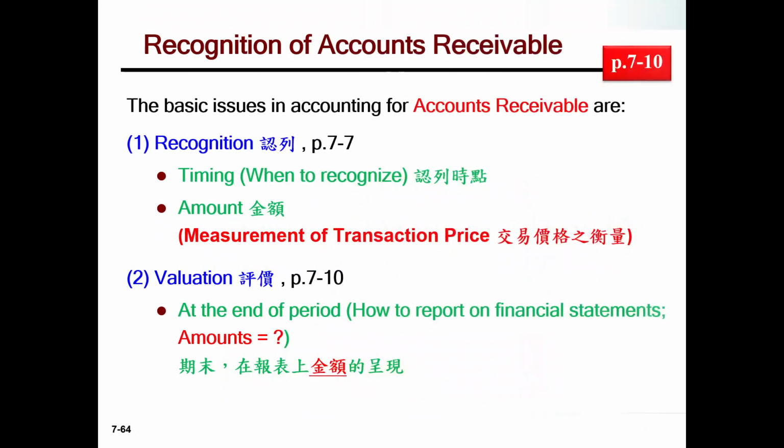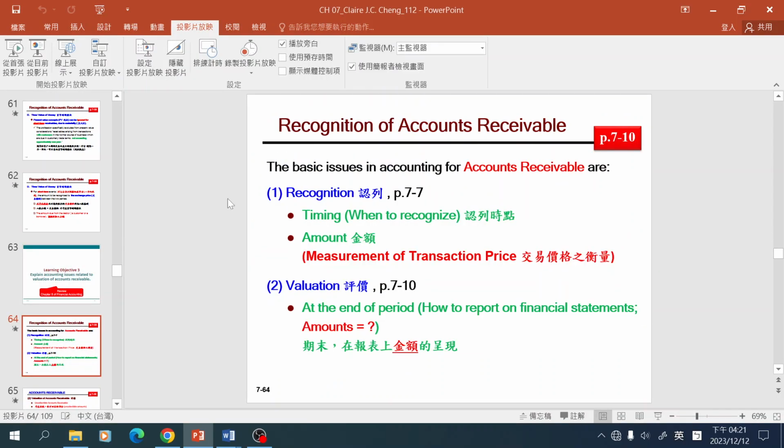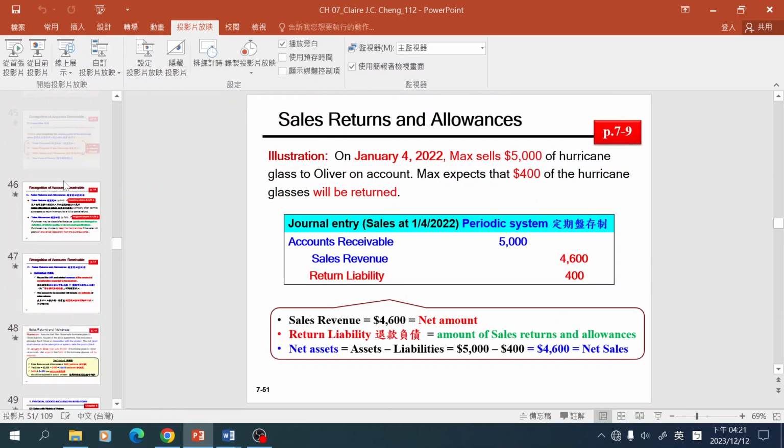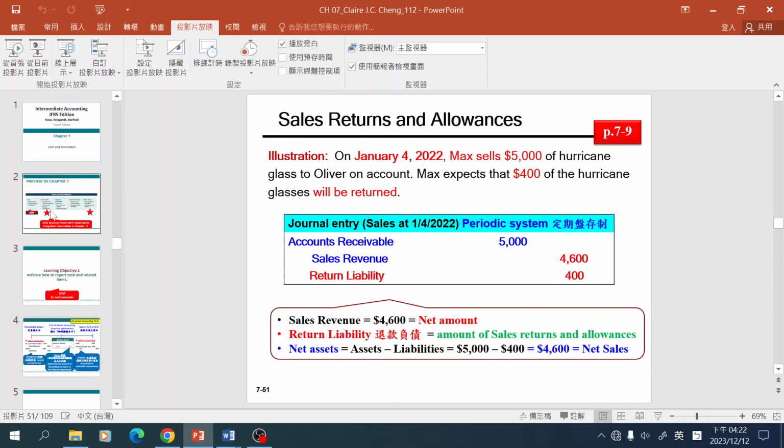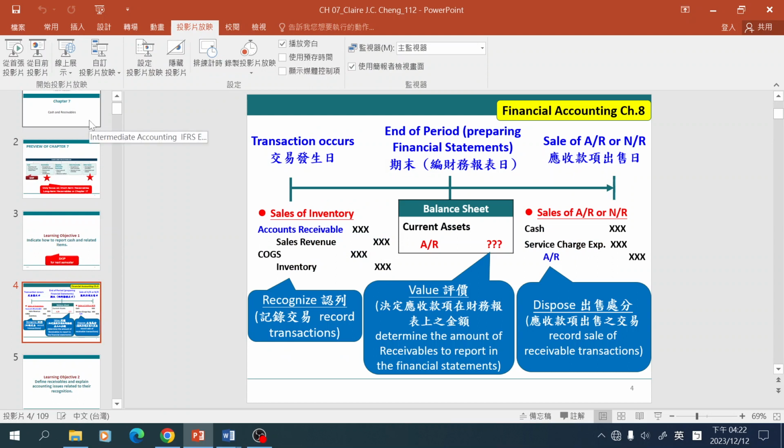Another issue is valuation. At the beginning, we mentioned we have 3 points of time in this chapter, right? We finished the first point of time, the transaction, when we sell the product to customers and how we recognize and record it.